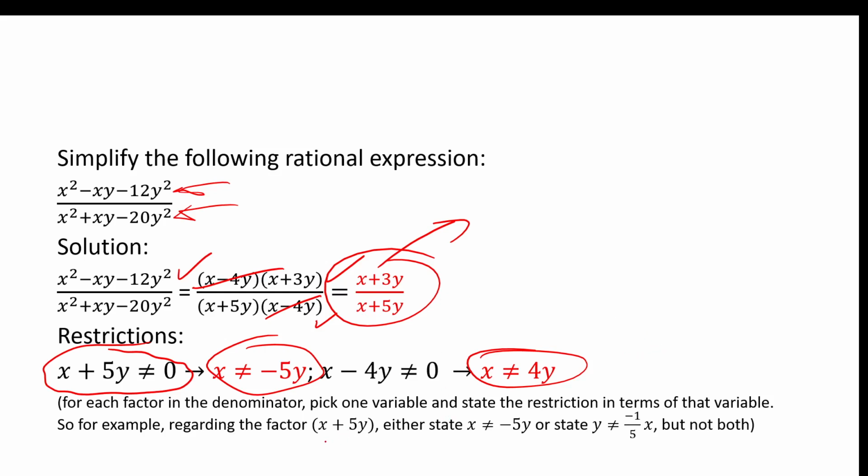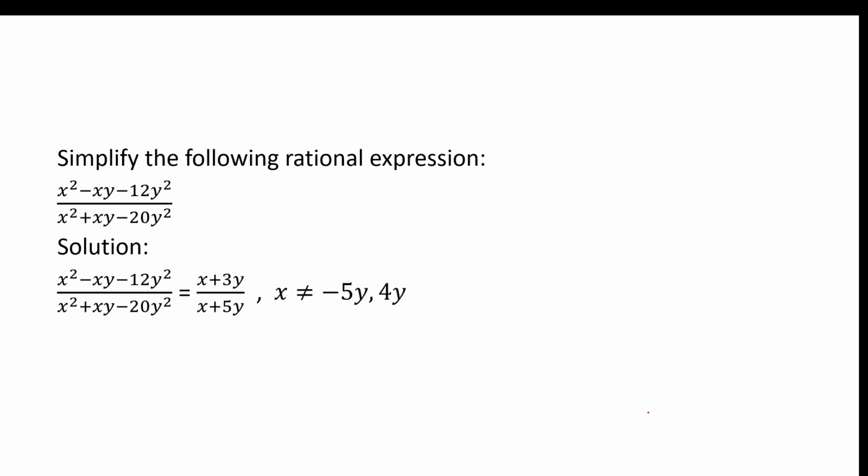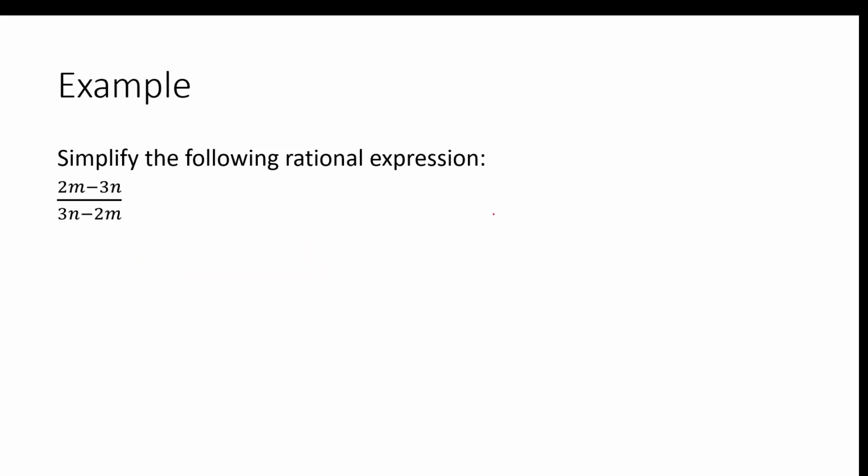So regarding the factor x plus 5y, we'll either state x cannot equal negative 5y, or if we prefer to divide both left and right of that restriction by negative 5, we can say y cannot equal negative 1/5 x. But don't state both. Okay? And so our final answer to this question is the expression x plus 3y over the expression x plus 5y, such that x cannot equal negative 5y or 4y.